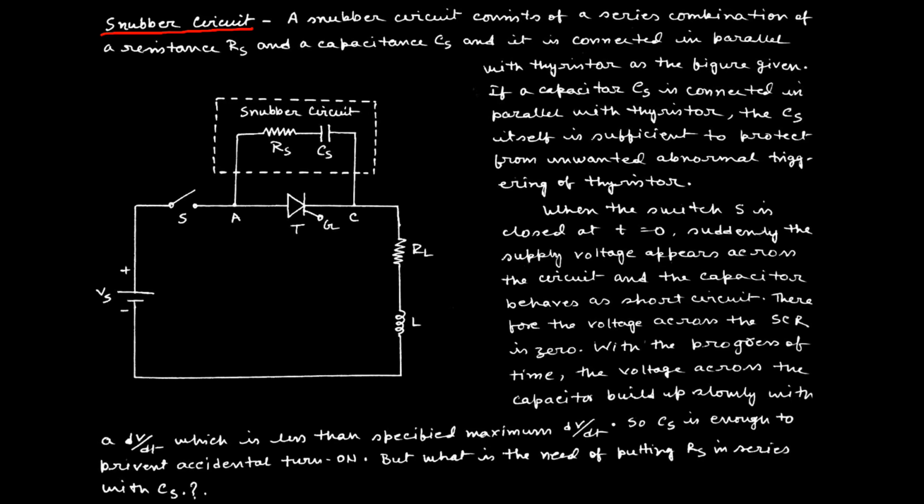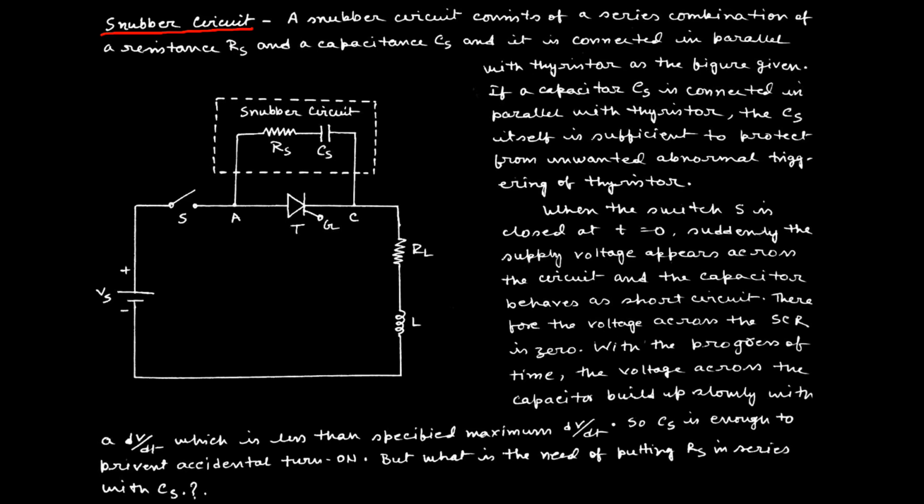We know the normal property of Cs: the charging path and the discharging path are opposite. When the capacitor starts storing energy, the current direction was this one. When the capacitor is fully charged to the maximum value of Vs, it tries to discharge, and the discharging current is opposite to the charging current.